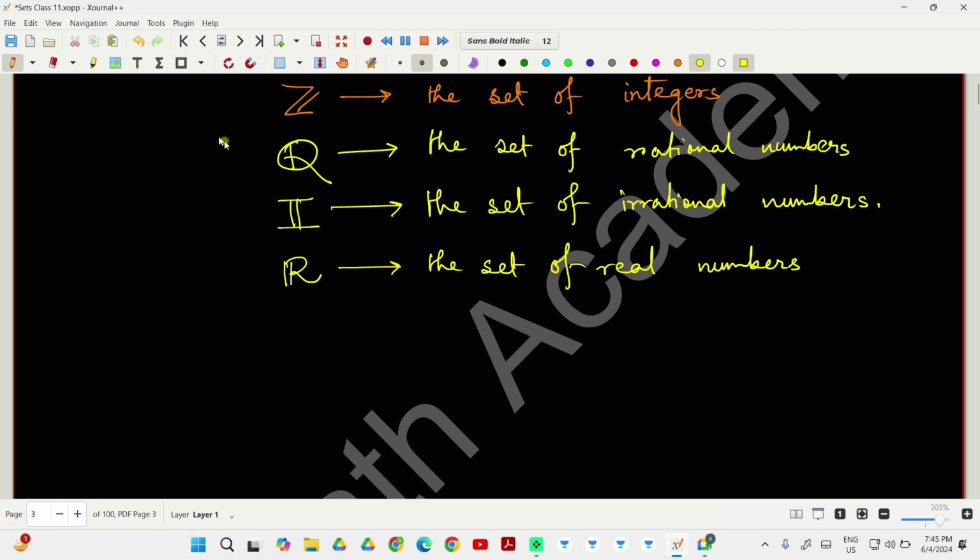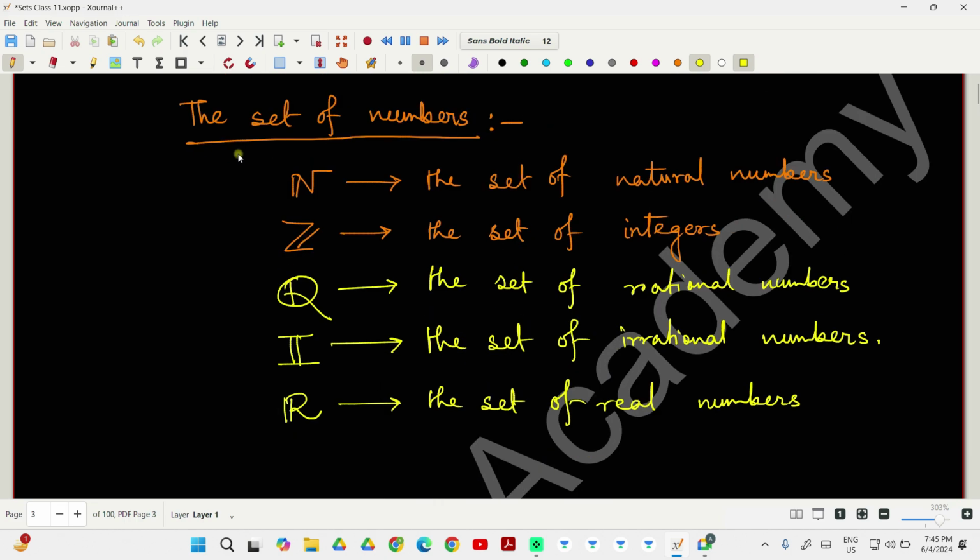I have written this sequence, meaning for the time being, say Z is bigger than N, Q is bigger than Z, I is bigger than Q, and R is bigger than I. This is not a true statement, or it is a vague statement, but for the time being you can understand that Z contains more elements than N, Q contains more elements than Z, and so on.